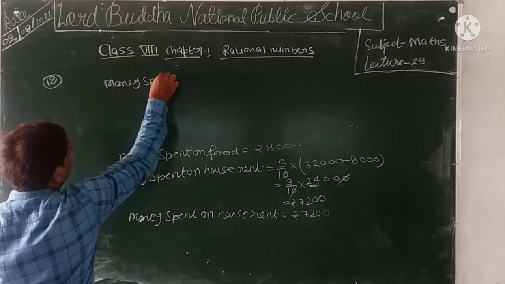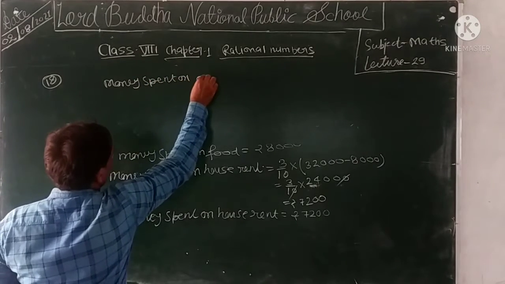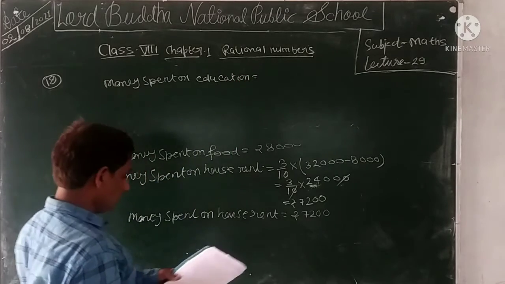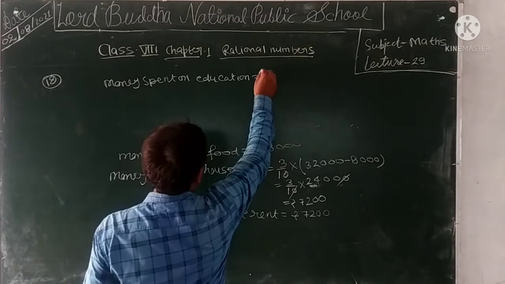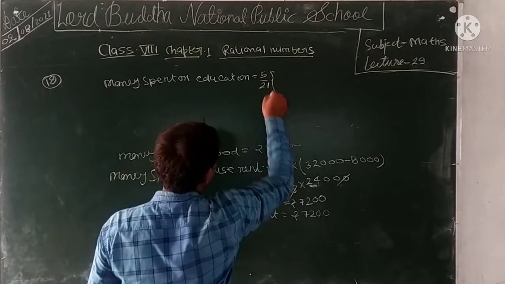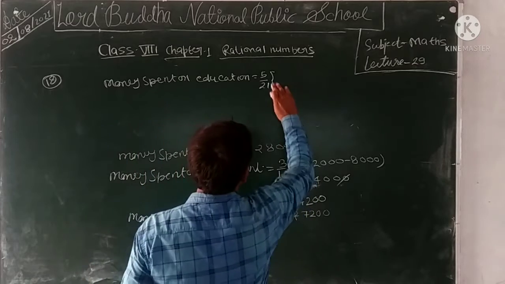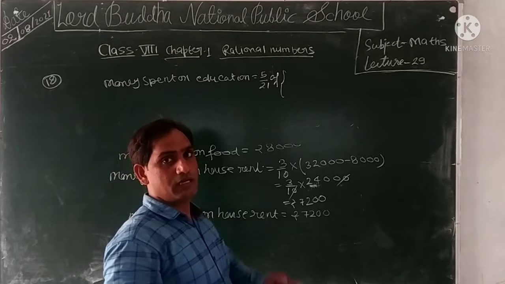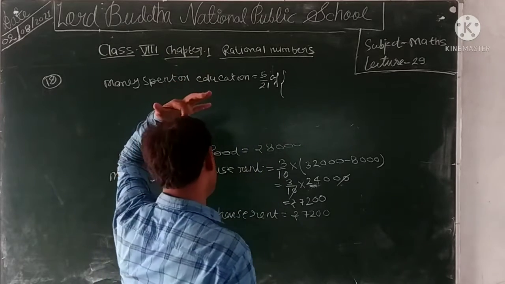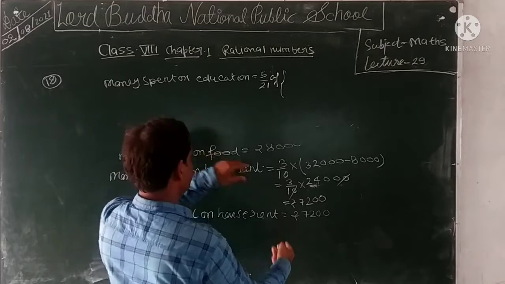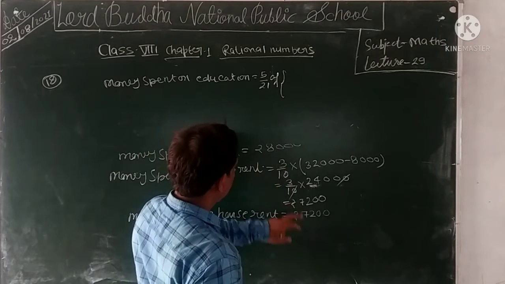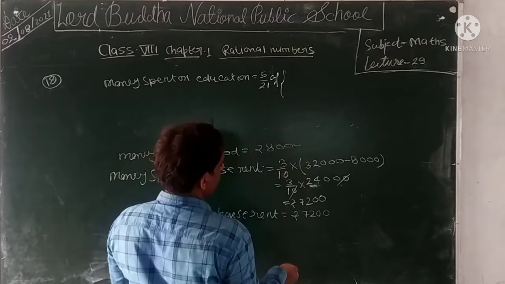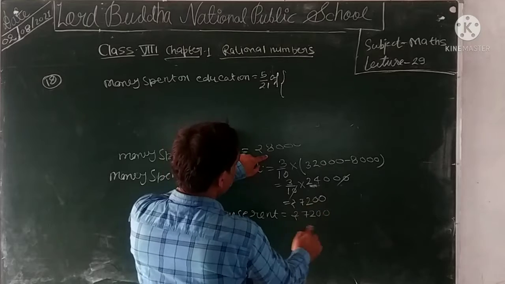Money spent on education equals 5/21 of the remainder. He has spent on two necessities, first on food and second on house rent. The left money will be total minus money spent on food and house rent.